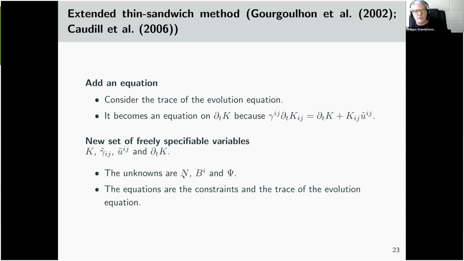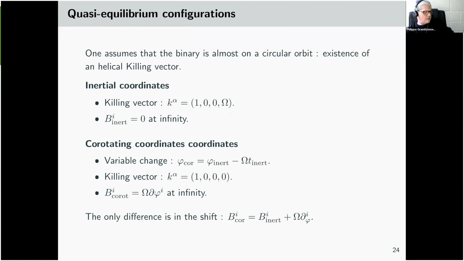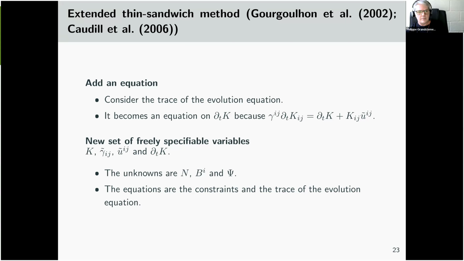And you have one more equation, so you not only have the constraint equations, but you also have to solve for the trace of the evolution equation. But it turned out that it gave some better results. So maybe that's a bit, yeah, okay, I still have time. So now the game is, how do I choose those freely specifiable variables? That's the important part now.